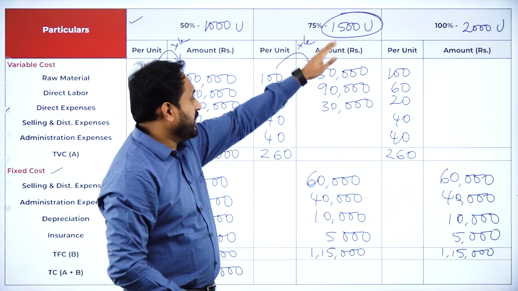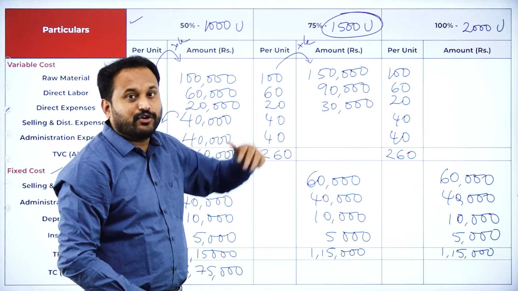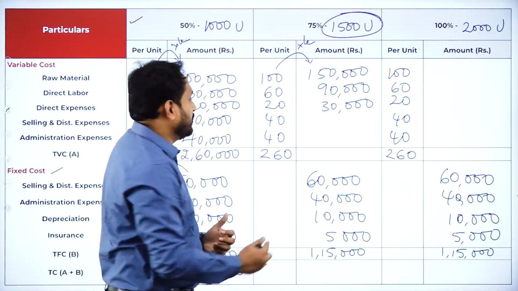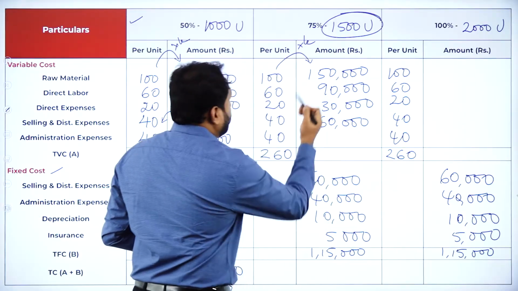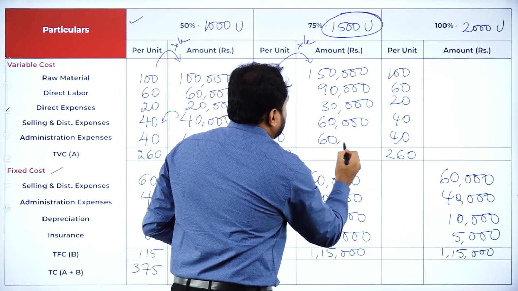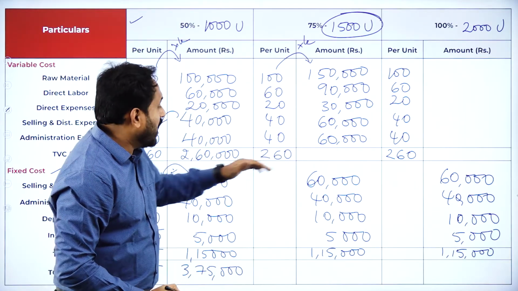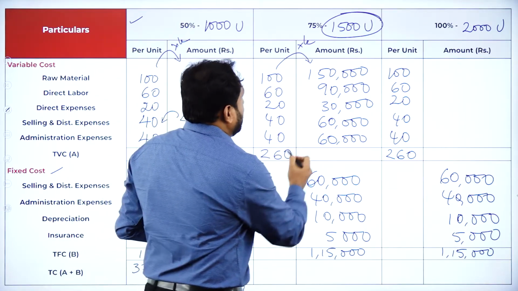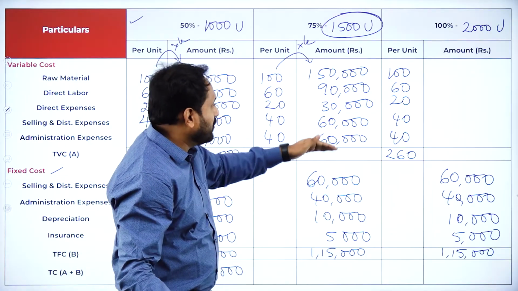Now 4 into 15, 4 15s is 60. So it is here 60,000. Again here 4 into 15 is 60. So we got 60,000. Again you calculate the same, or you can do something like 260 into 1500, or you can add also, no issues.